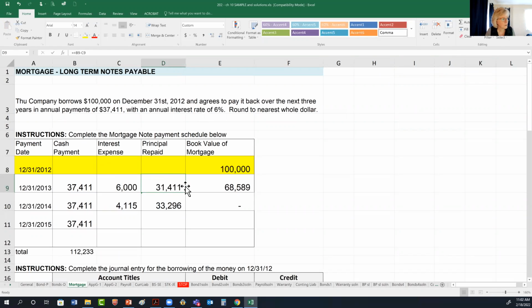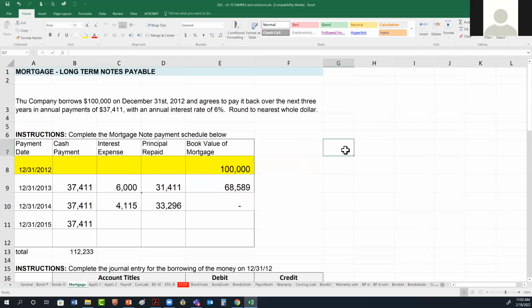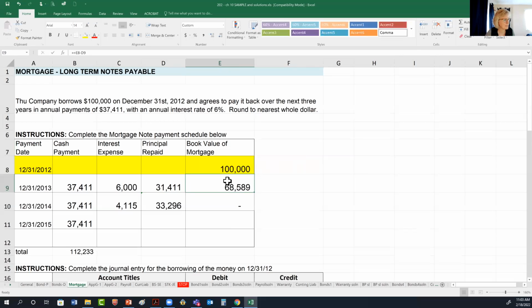And so it was saying you paid down your loan 31,411 the first year. So we subtract that from the 100,000. So I owe them 100,000 the first year, but I paid 31,000 at the end of the first year. So now I only owe them 68,000 at the end of the first year. Oh, so it's you subtract the 37, yeah, from 100.